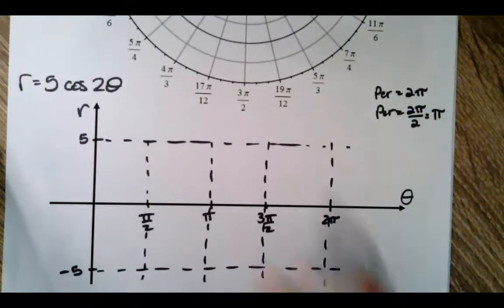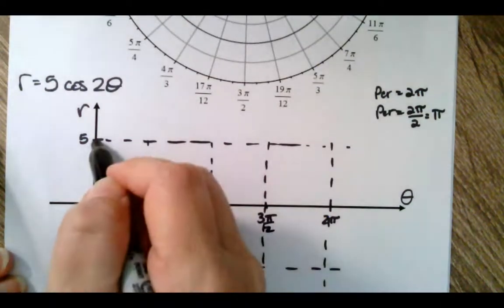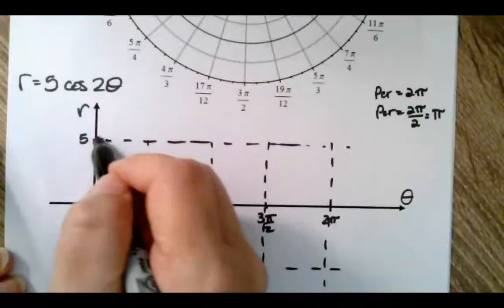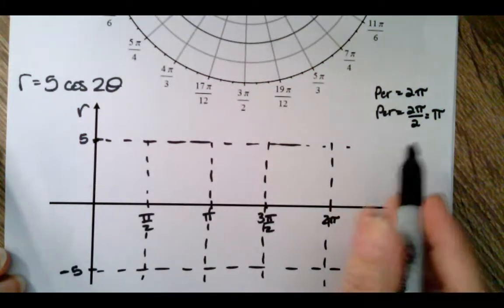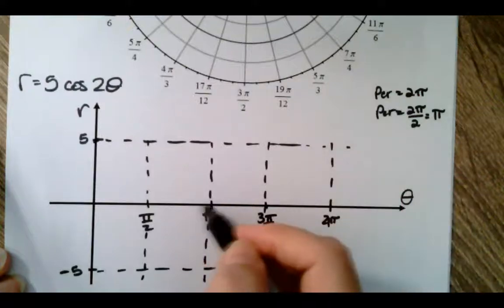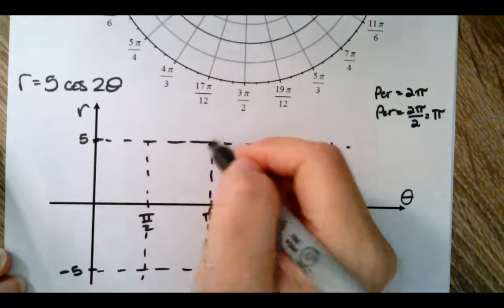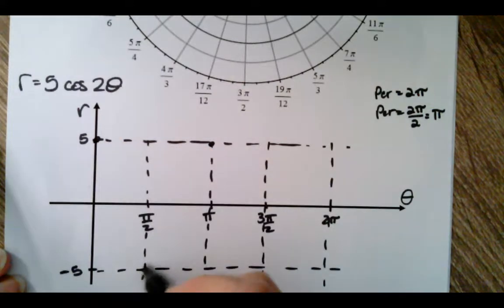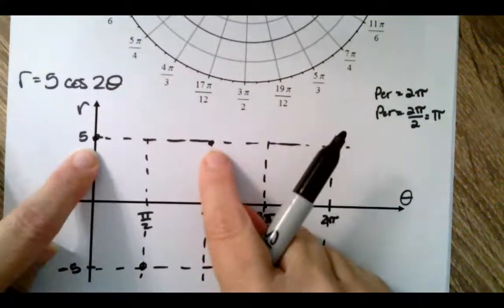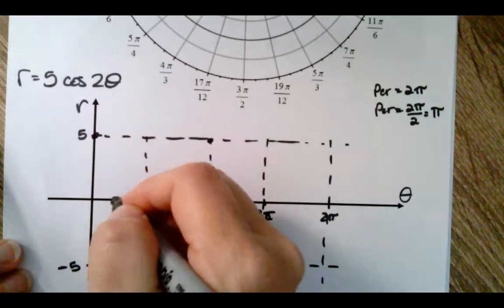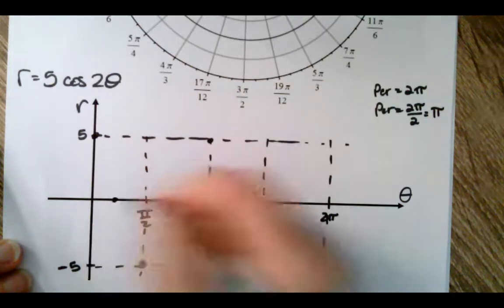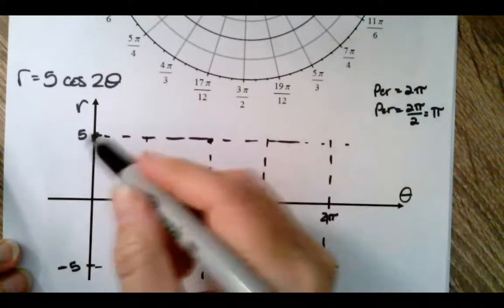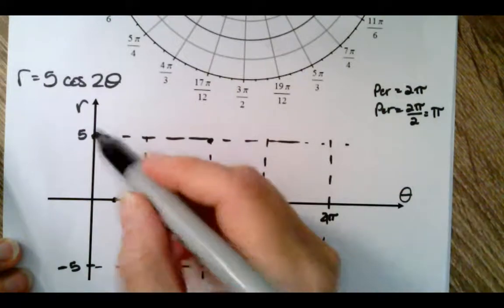The graph of cosine begins at the top of the cycle, which would be up here at +5. Because my period is now pi, by the time I get to pi, I need to be back to the top of the cycle. It's going to reach the minimum point of the cycle halfway between those two maximums. Of course, we're going to cross the midline halfway in between the max and the mins.